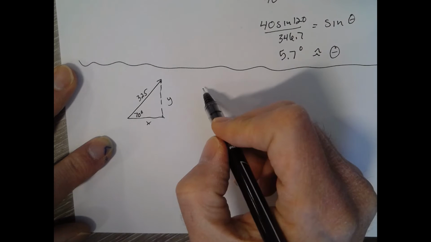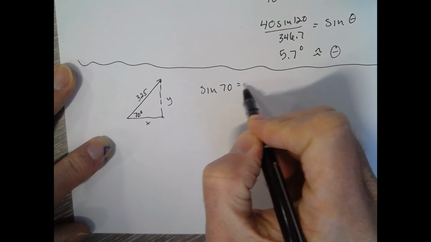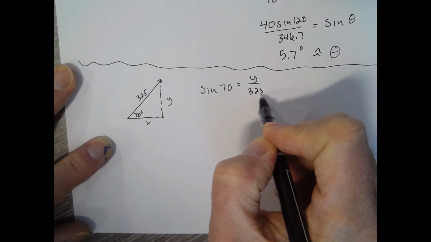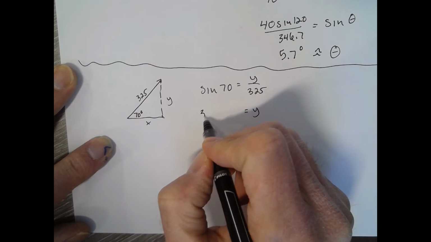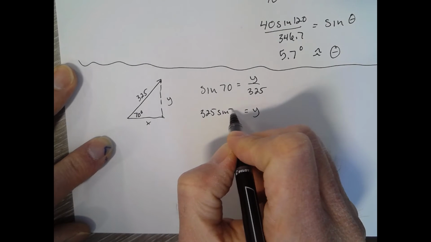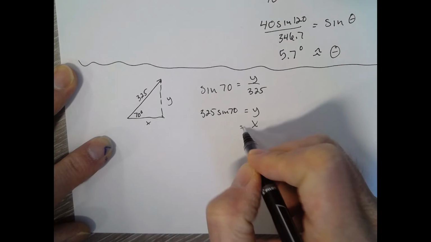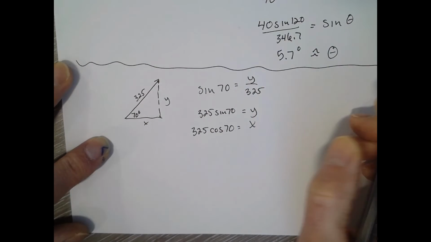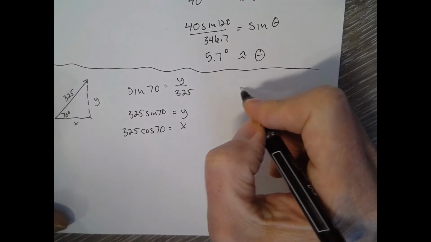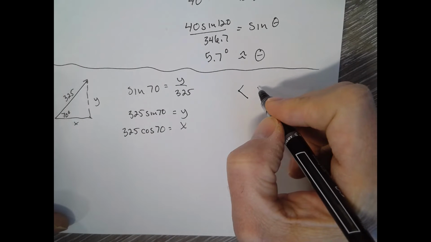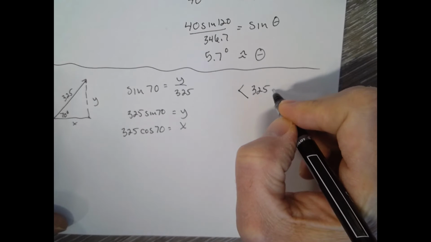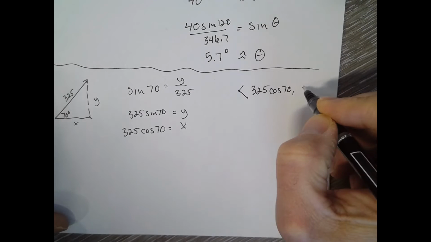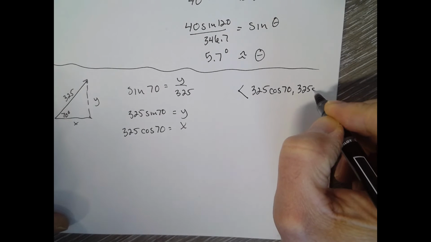So I can say sine of 70 equals y over 325. So my y is 325 sine of 70. My x is just going to be the magnitude times the cosine of 70. Okay, so the plane vector is 325 cosine 70 comma 325 sine of 70.